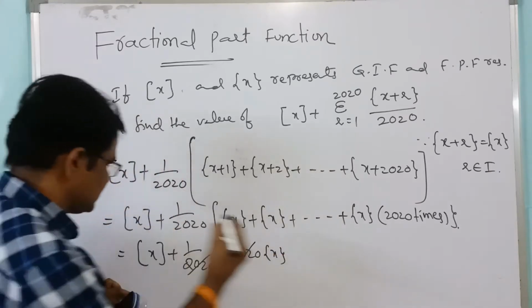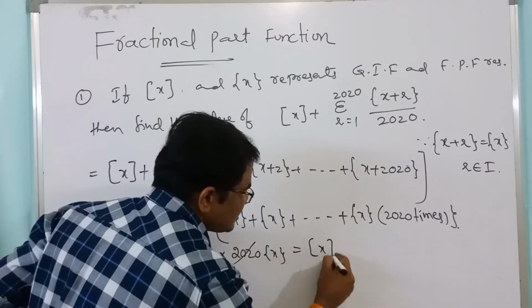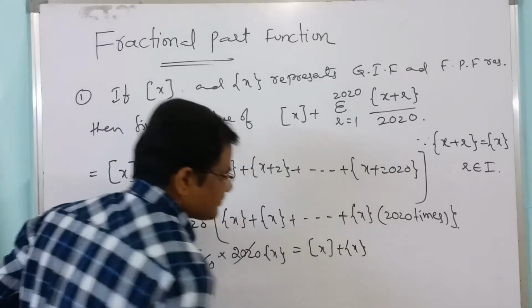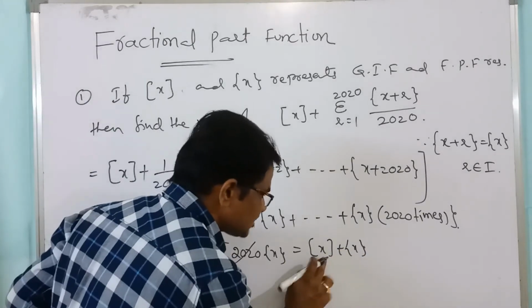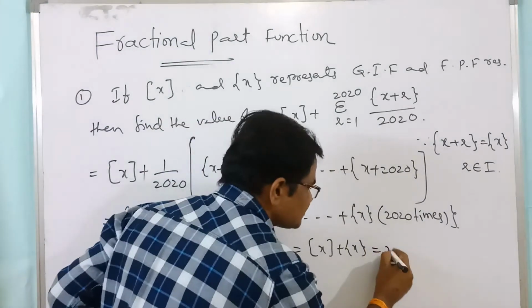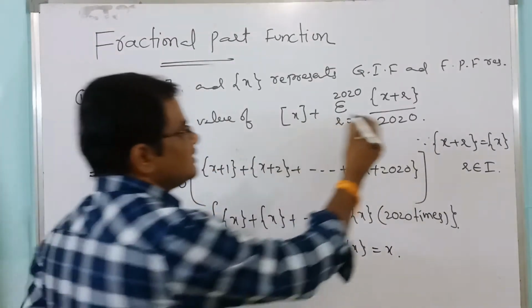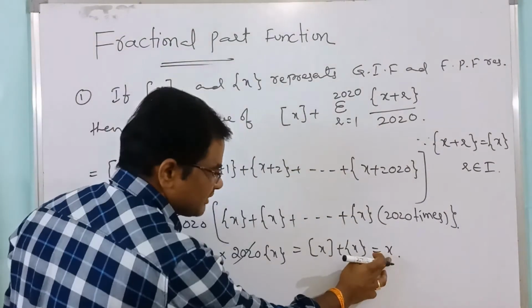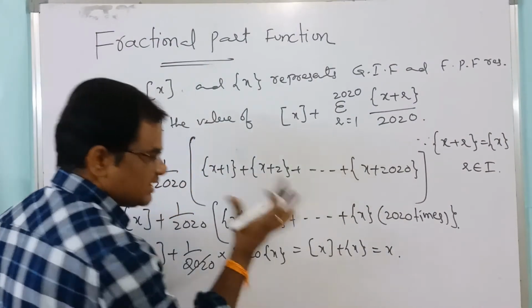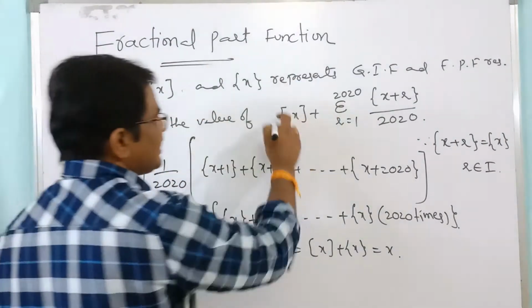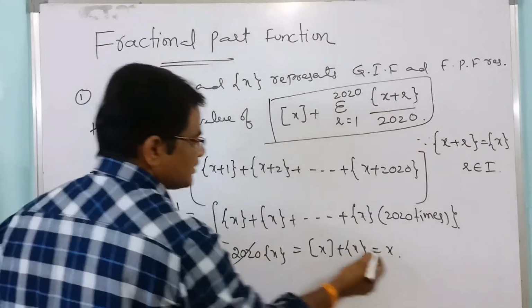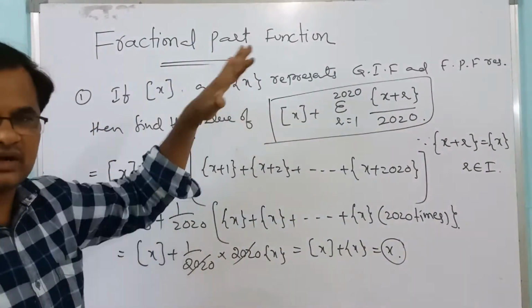This can be written as x only, since any real number can be written as the fractional part plus the integer part. So the value of this expression is x. Like this we have to simplify.